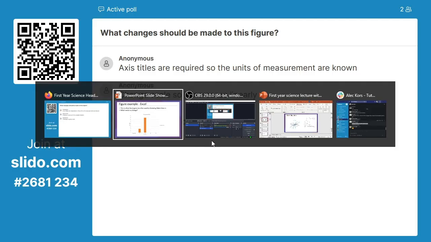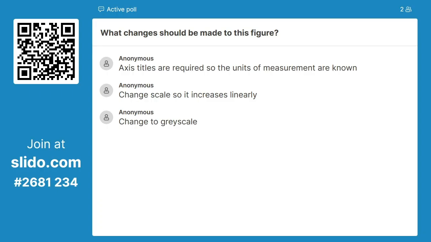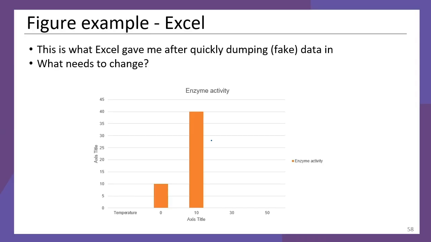Right, axis titles are required so the units of measurement are known, absolutely. That's a pretty blatant one. What would I need to make sure I included in them? I'm going to give a couple of hints here.